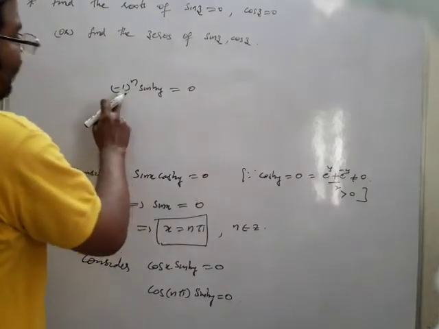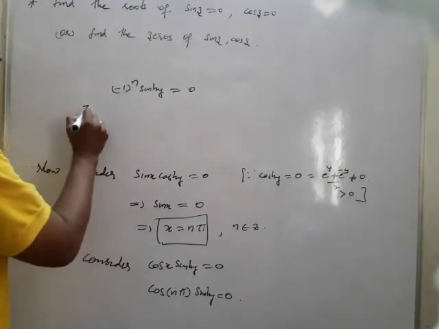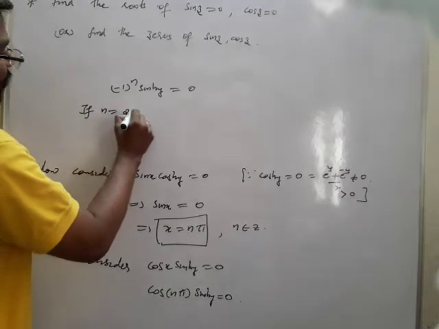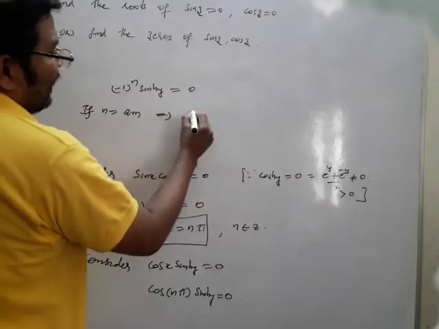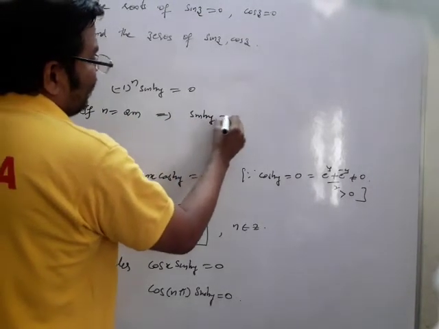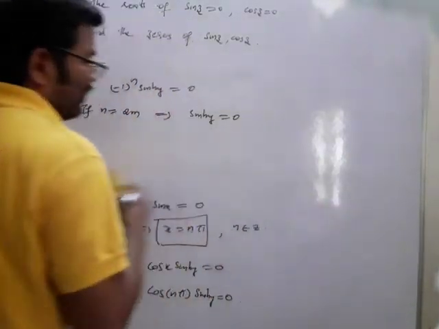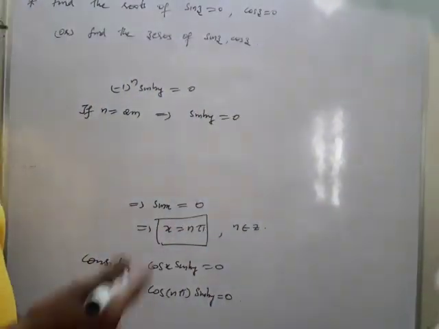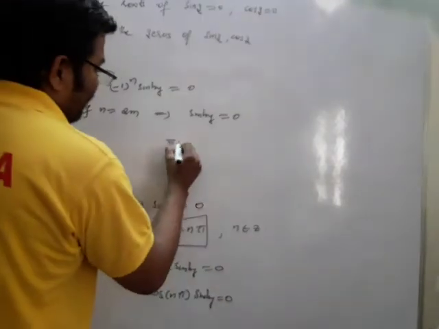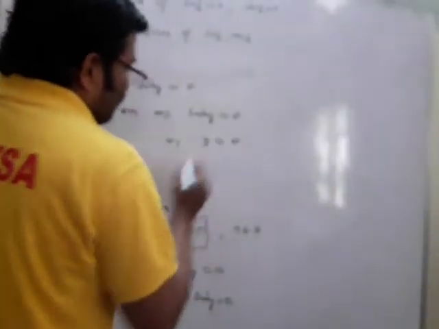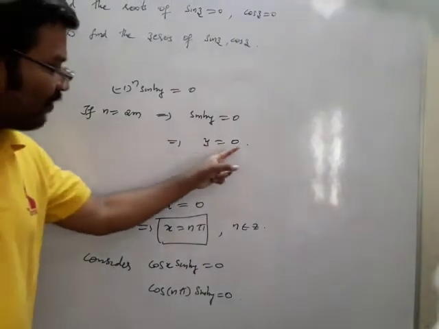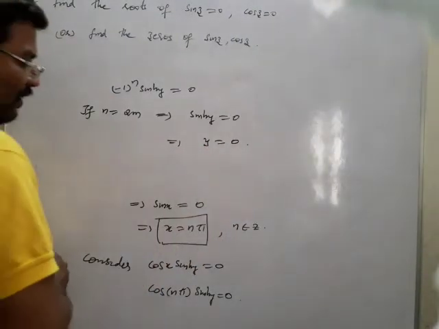So if n is equal to 2m, then I may get sin hy equal to 0. Sin hy equal to 0 indicates, since sin 0 is 0, that y equal to 0. So what you got is y equal to 0 and x equal to n pi.